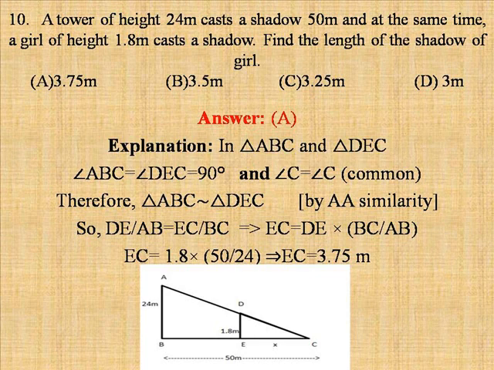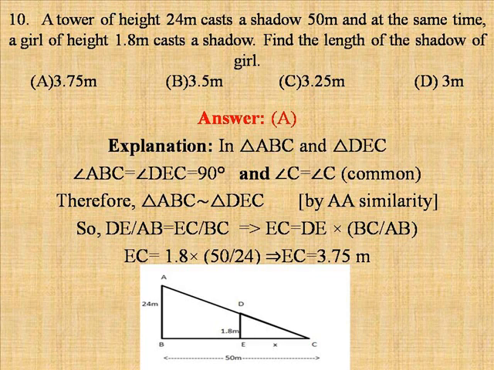You can see the figure is given, and from that figure you can find in triangle ABC and triangle DEC, both are right angle triangles because angle ABC and angle DEC both are 90 degrees because they are the heights, so they are perpendicular, and angle C is common. So both triangle ABC and triangle DEC are similar by angle similarity. So we can use the side proportional property.